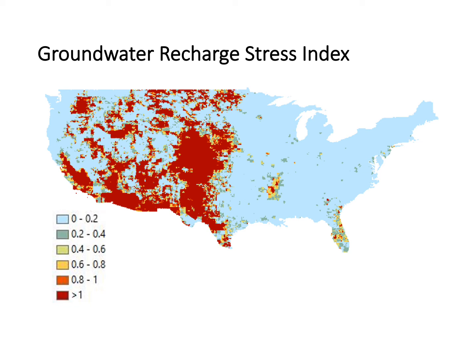And places in Florida and some places in the Mississippi River basin close to the Mississippi also fall under this region, which means the recharge rate is lower than the withdrawal of the groundwater.